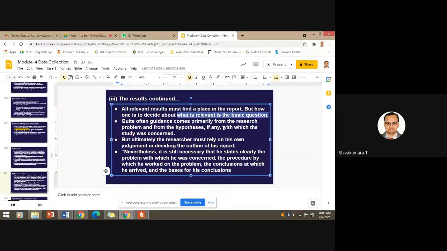Quite often, guidance comes primarily from the research problem and from the hypothesis, if any, with which the study was concerned. So it is up to the researcher to give the minute detail about his research findings. But ultimately, the researcher must rely on his own judgment in deciding the outline of his report.